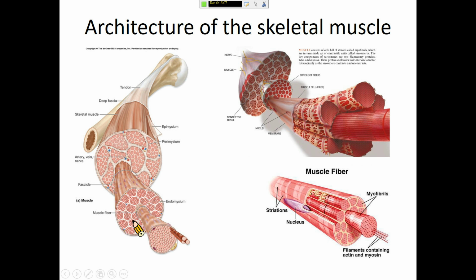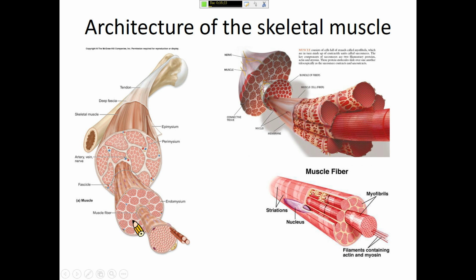Some other type of system. One nerve activates hundreds of muscle fibers, like the ones in our arm, the ones in our thigh, in our leg, the ones in our back. Those are very large, very big muscles.